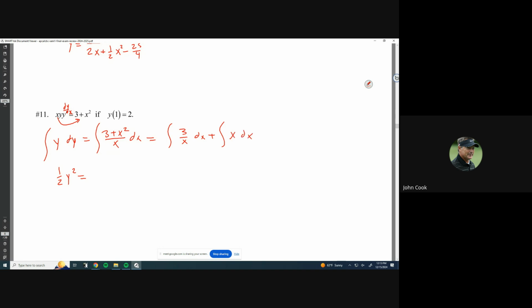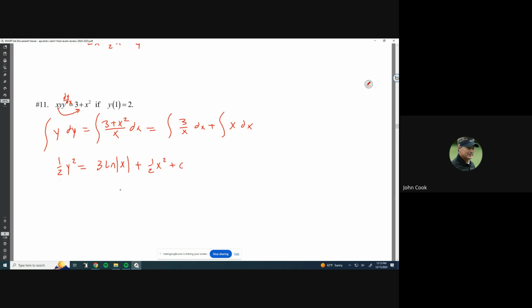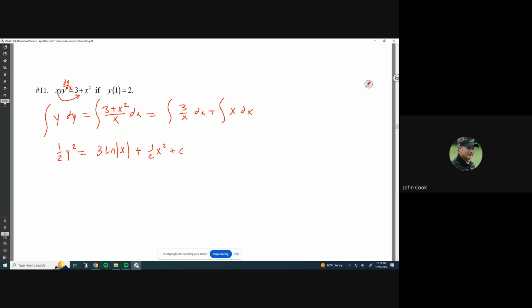So antiderivative of 3 over x dx is going to be 3 natural log absolute value of x. Antiderivative of x is 1/2 x squared. And then I have my initial condition when x is 1, y is 2. So 1/2 times 2 squared is equal to 3 times the natural log of the absolute value of 1 plus 1/2 times 1 squared plus c. 1/2 of 4 is 2.